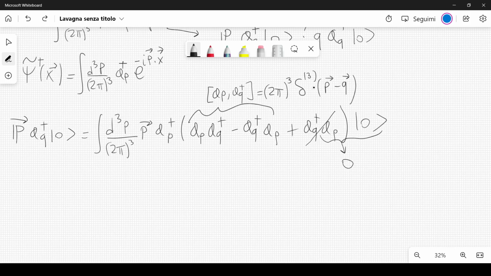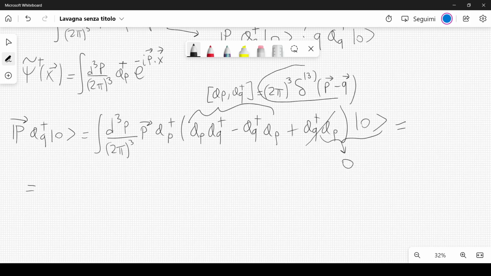But it's not complicated to understand why they are creation and annihilation operators. You can also try to understand it from the calculations that we will do later, and you can try to work it out yourself if you are not convinced.